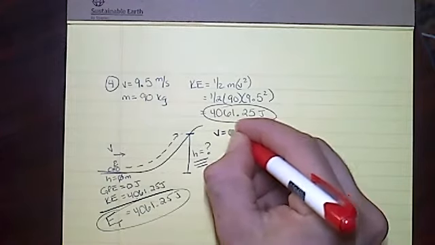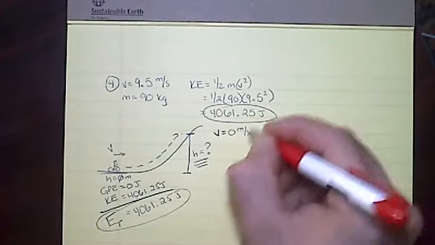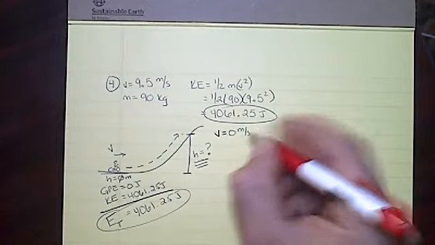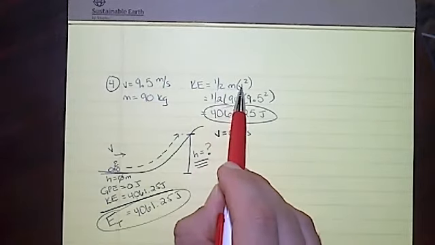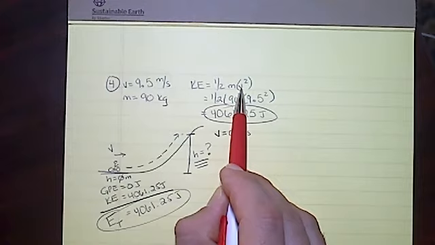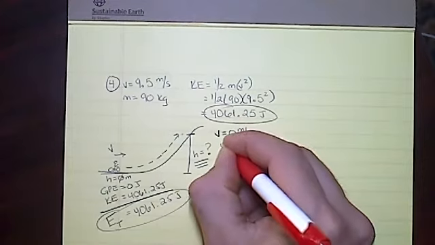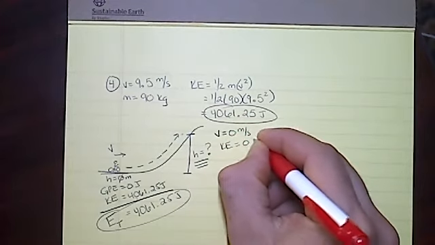Correct. It is 0 meters per second, which now by default, due to the equation 1/2 mv squared, if this is 0, 0 squared is 0, 0 times anything is 0, so that means his KE becomes 0 joules.